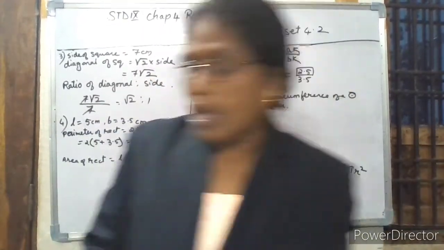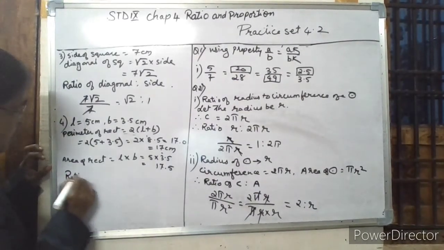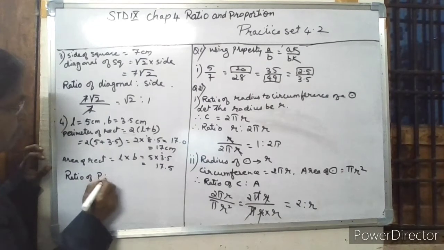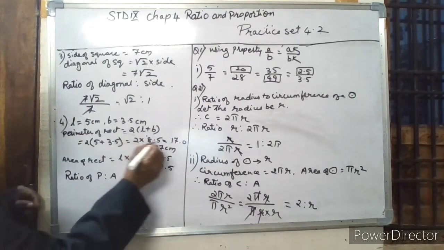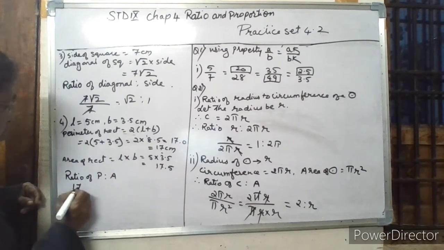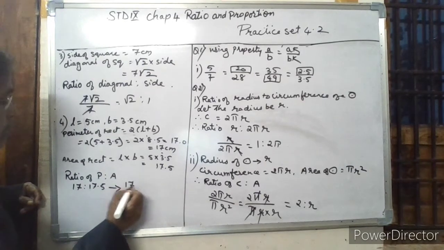So the ratio of perimeter is to area. So perimeter, that is 17 is to 17.5. We can take it like this, 17 by 17.5.